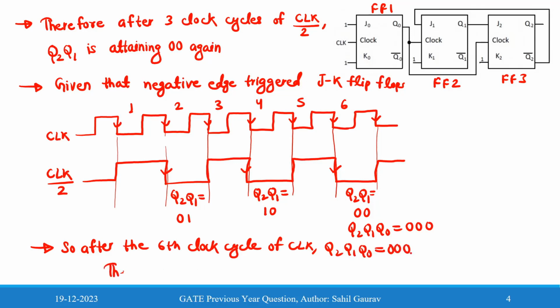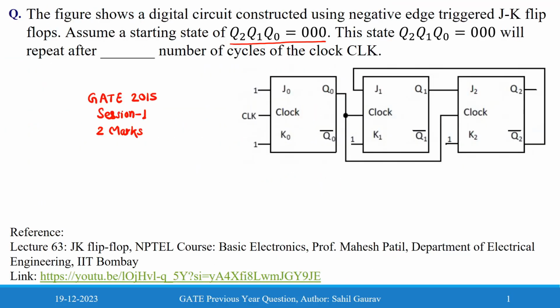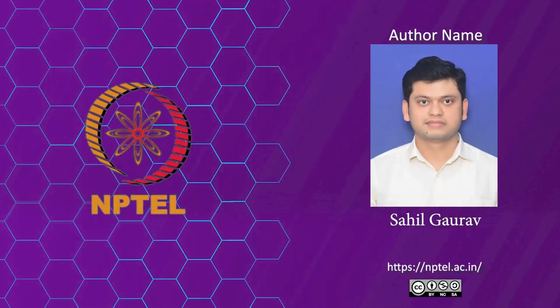Therefore, the number of clock cycles is 6. 6 is the correct answer. So the correct answer is 6. That's all. Thank you.